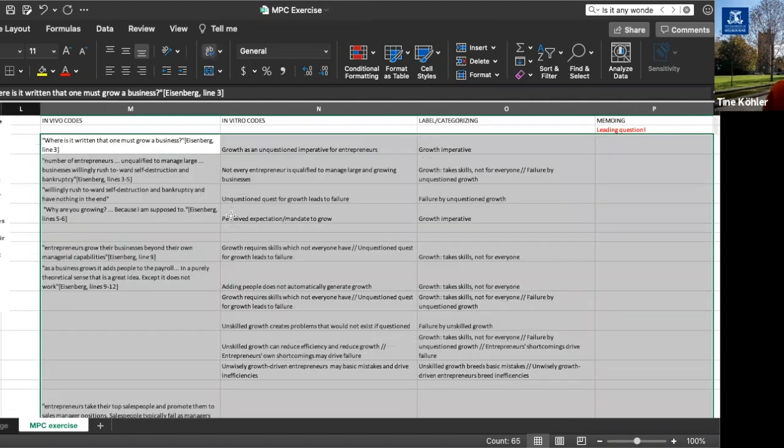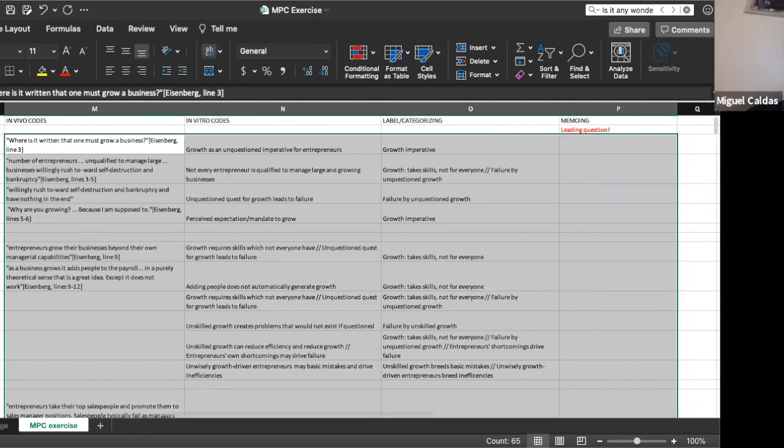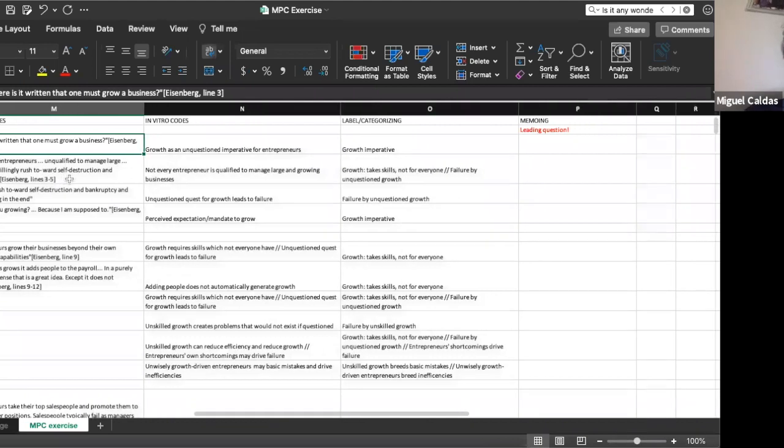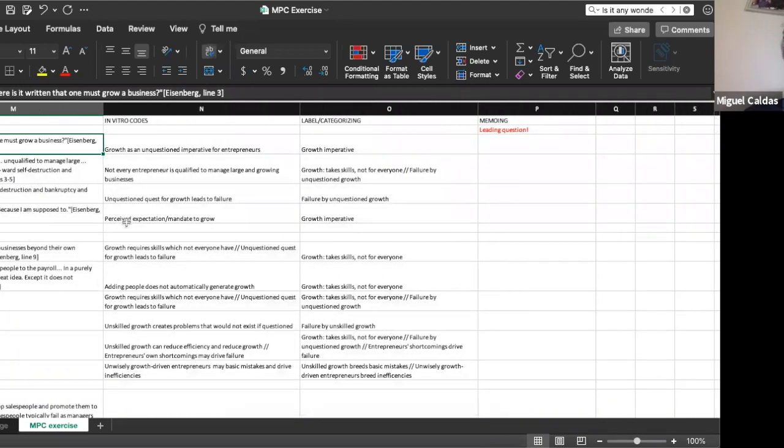Okay, I'm going to wrap the text so I lose the line synchronicity. But basically, for the in vivo codes, I got quotes. I made sure that I recognized what interview that was about, because I'm assuming to have many, and what lines they were referring to. In the in vitro codes, I had ideas, whatever I thought would represent what it is that they're saying.